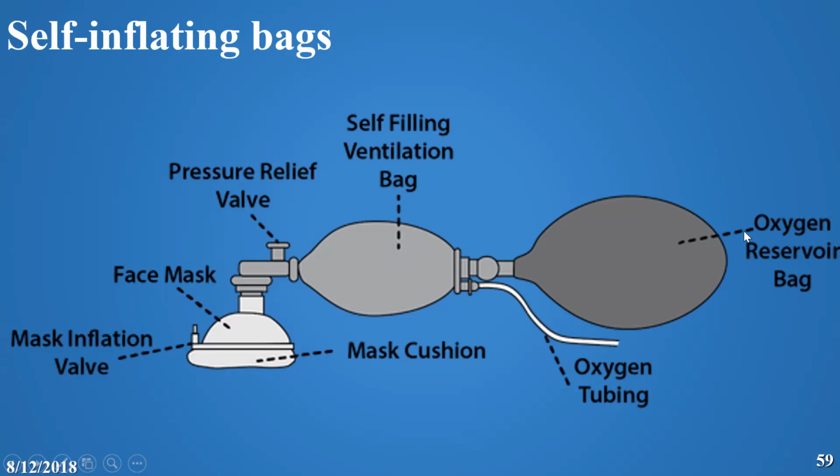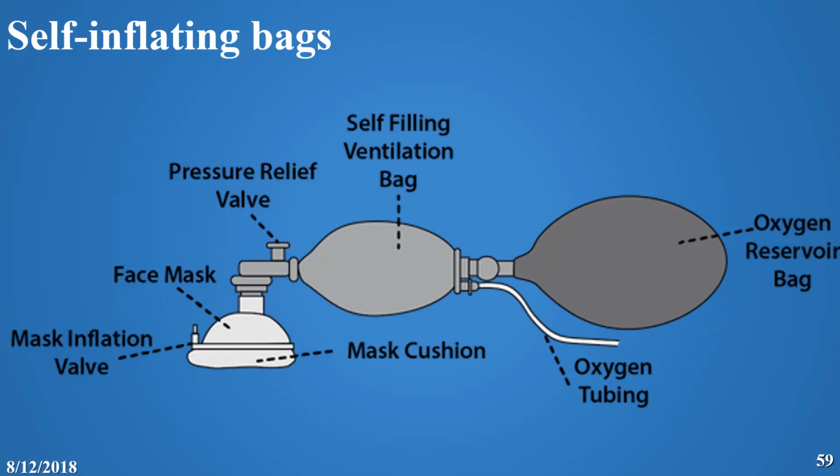This is the oxygen source here, and this is the reservoir. It is self-inflating, meaning that when you squeeze and then you release your hand, it will reinflate by itself, and therefore it does not need flow to reinflate, and therefore you can use it during transport, and you don't need a source of flow to use it.